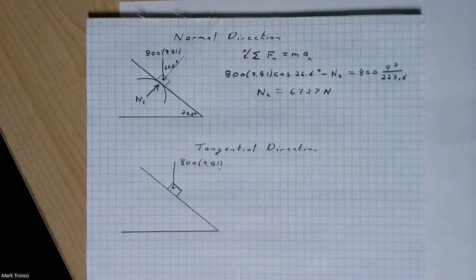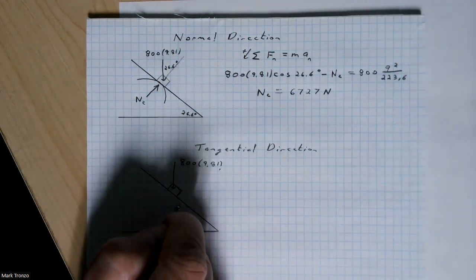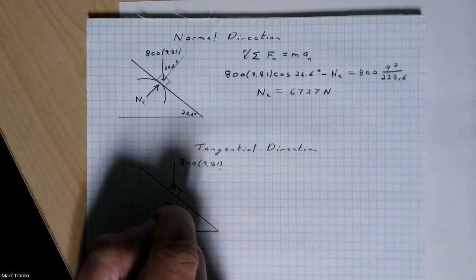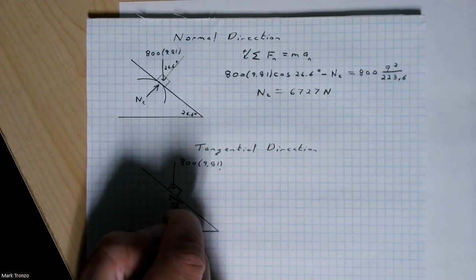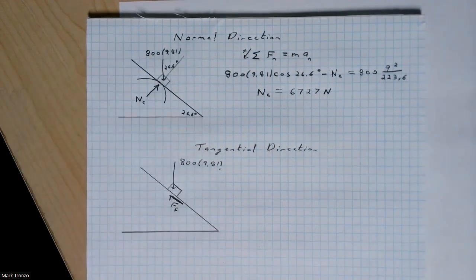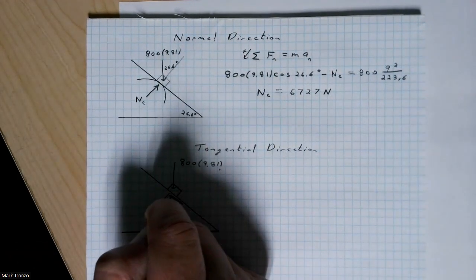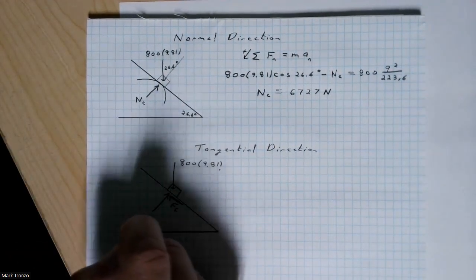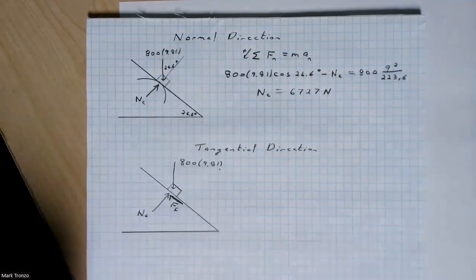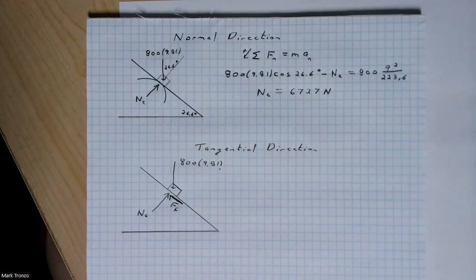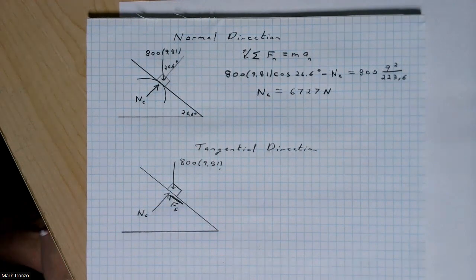We're going to have a friction force opposing this, call it F sub F. And as before, normal is going to be in that direction.